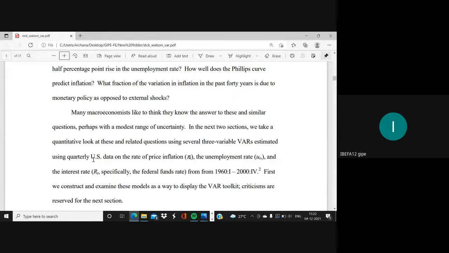So they are using quarterly US data on the rate of price inflation, that is this variable pi t, the unemployment rate UT, and the interest rate RT. And they've used the federal funds rate for RT. And this is the time period that they've used for analysis using quarterly data.